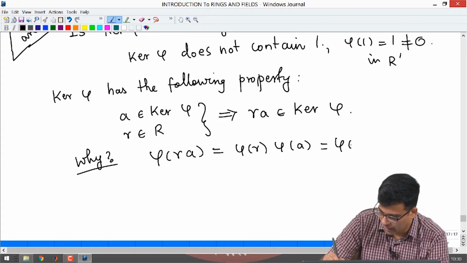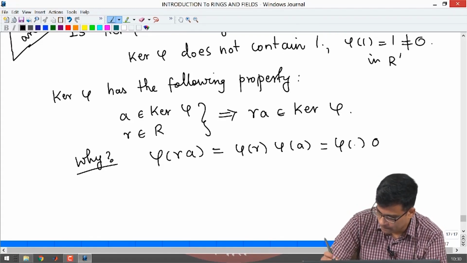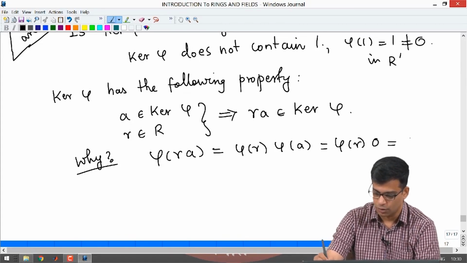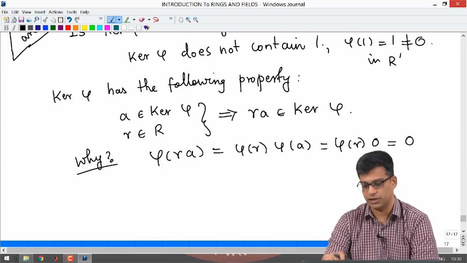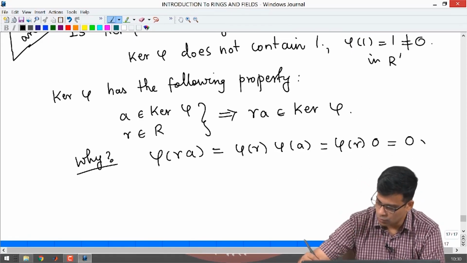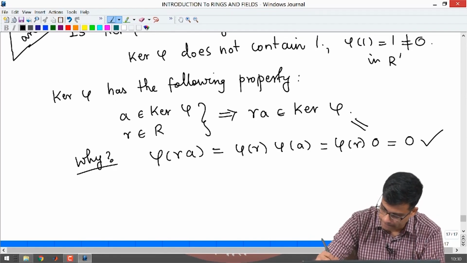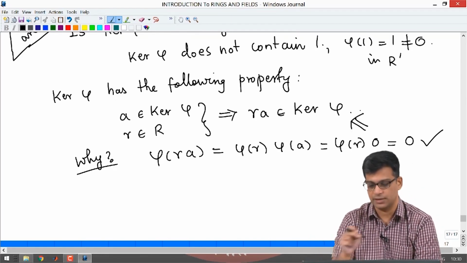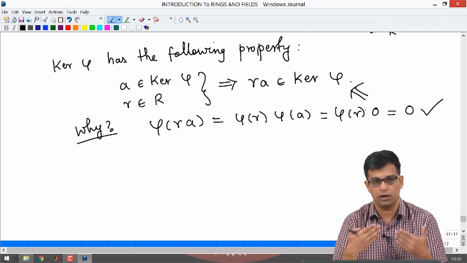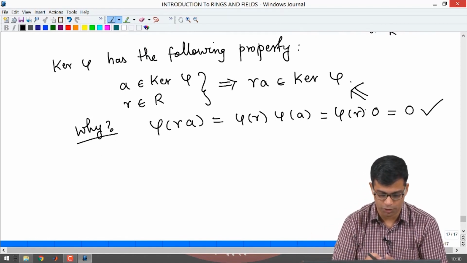So, phi of A is 0, right. Phi of R is something, but phi of A is 0, and phi of R times 0 is 0, because anything times 0 is 0. So, phi of R A is 0. So, that means R A is in the kernel. So, it has a very strong multiplicative closure property.